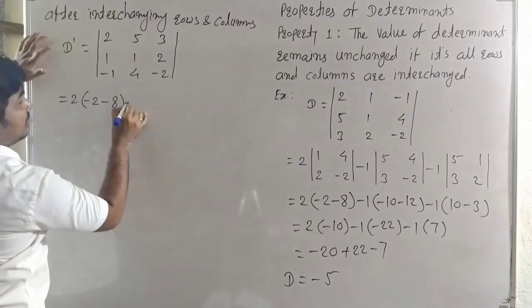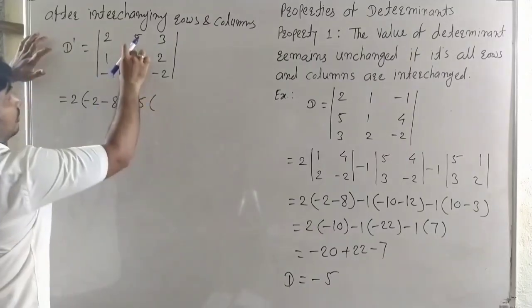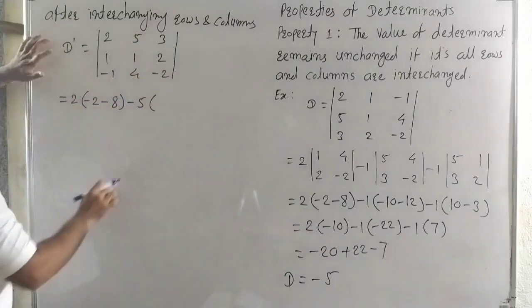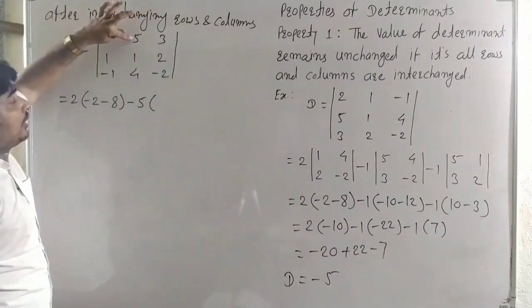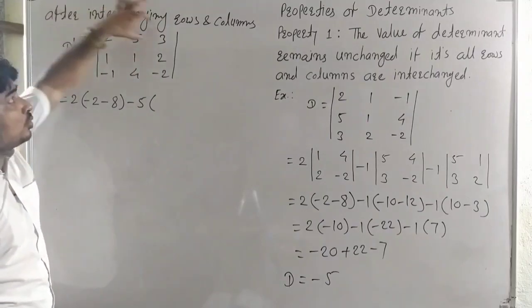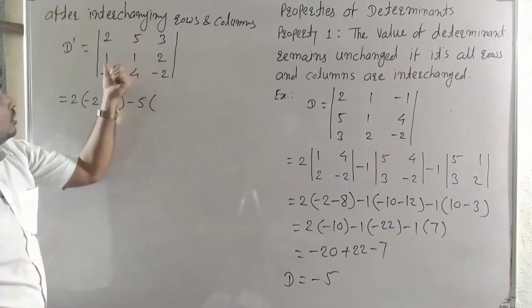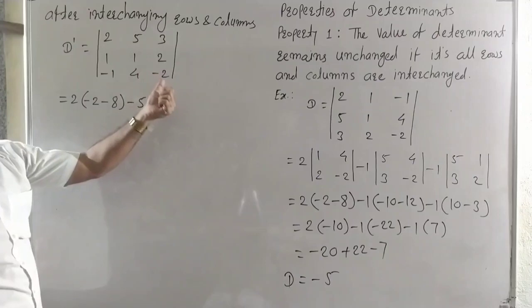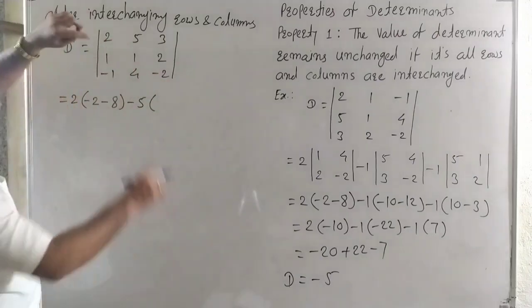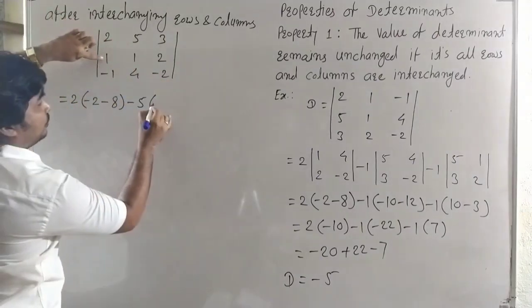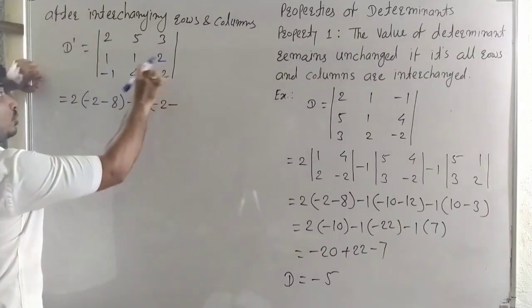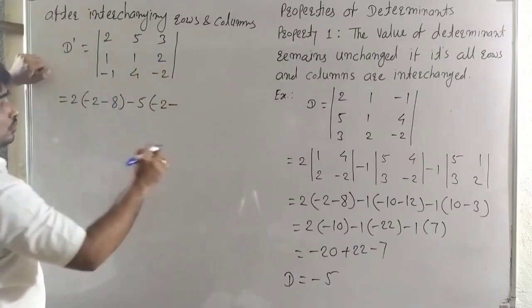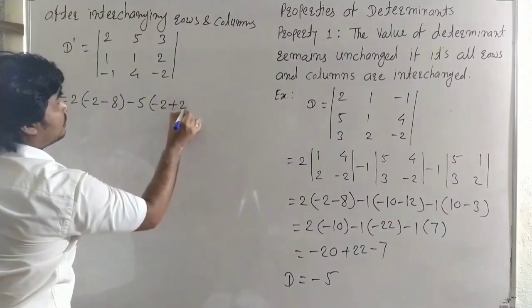Change the sign of the middle term, that is -5. Here it is +5, we write -5. Again, eliminate the column and row of the 5. Leave the row and column of 5. What remains? 1, 2, -1, -2. Now find its determinant. Here 1 into -2 is -2. Minus 2 into -1, it is 2 into -1, again -2. So we write here +2.